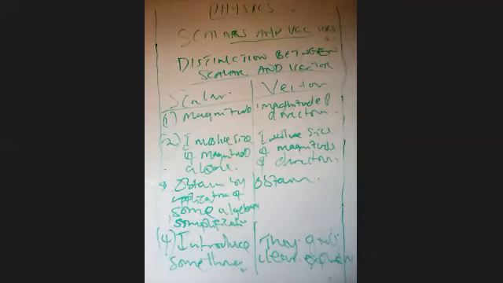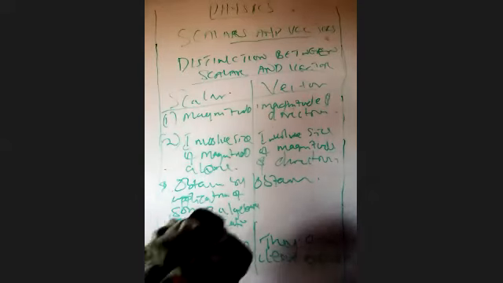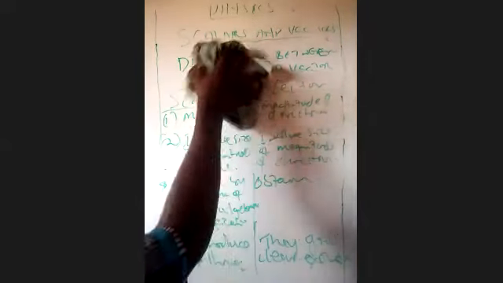So scalar involves the size of magnitude alone, while vector involves the size of magnitude and direction. Scalars are obtained by algebraic simplification, while vectors are obtained by mere addition, or we can also make use of laws such as Pythagoras, parallelogram and polygon law. So that is the distinction between the scalar and vector. Let us move further.